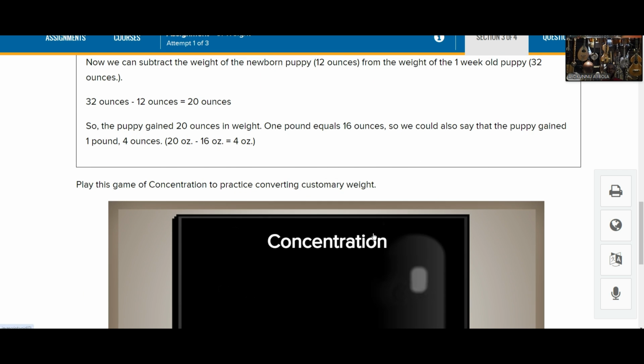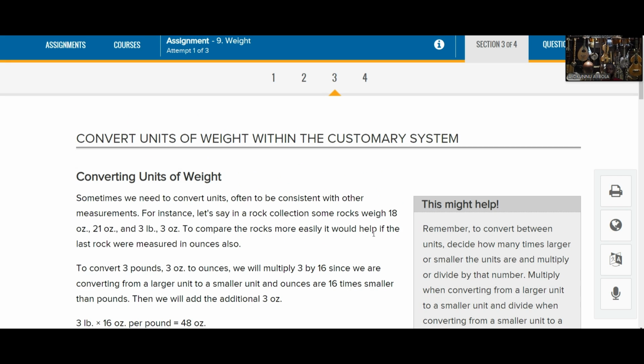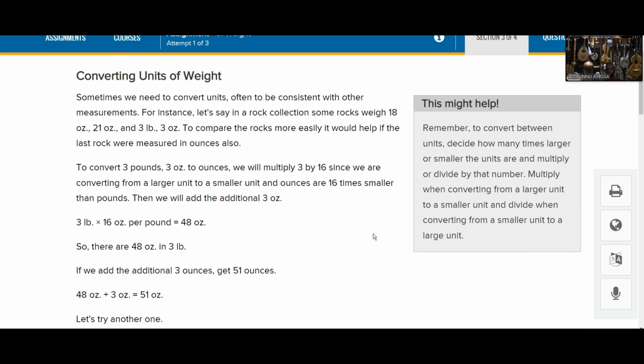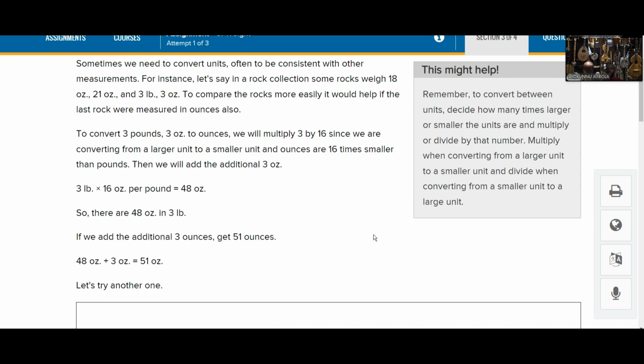Let's see what's on this section. So, converting units of weight, still under the customary system. Sometimes we need to convert units often to be consistent with other measurements. For instance, in a rock collection, some rocks weigh 18 ounces, 21 ounces, and 3 pounds 3 ounces, and so on.